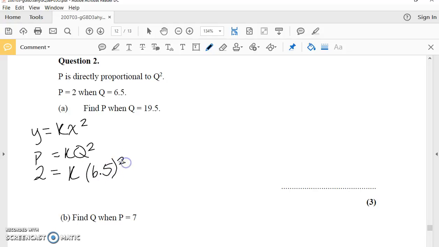Okay, so again, I'm going to plug in and simplify. That leaves me with 2 equals 42.25k.